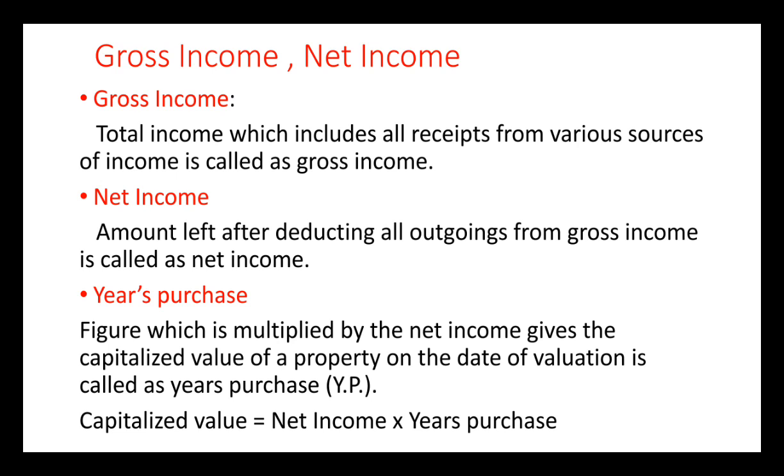Okay. So suppose a person invests rupees 100 in a fixed deposit of a bank where the rate of interest allowed is 5%. As such he receives a net income of rupees 5 per annum on the invested amount of rupees 100.